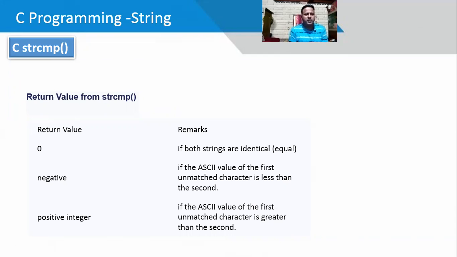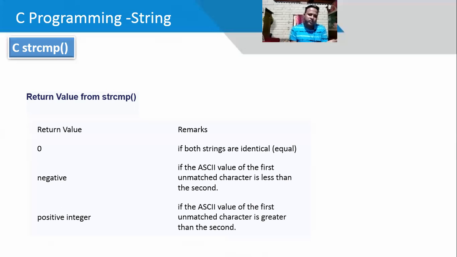So the return value of strcmp is 0 if both the strings are identical, negative if the ASCII value of the first unmatched character is less than the second. Positive means if your first unmatched character is greater than the second, then it returns a positive value.